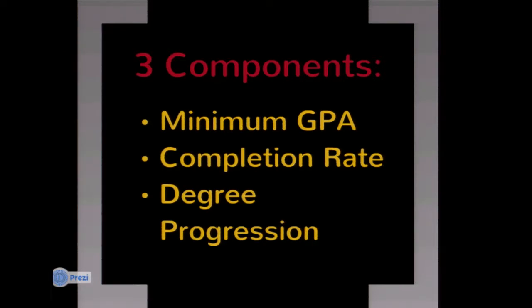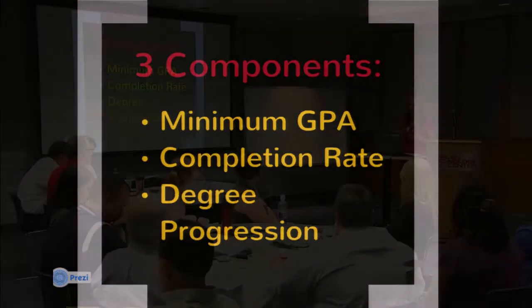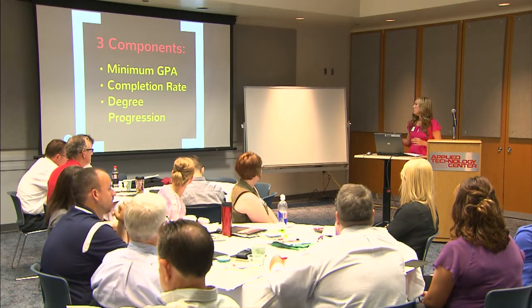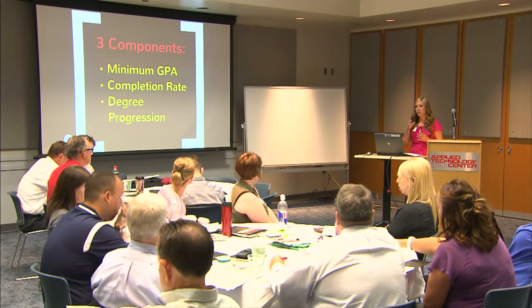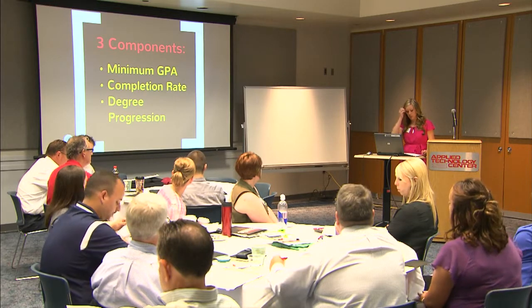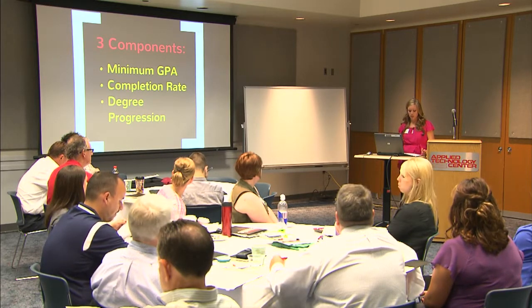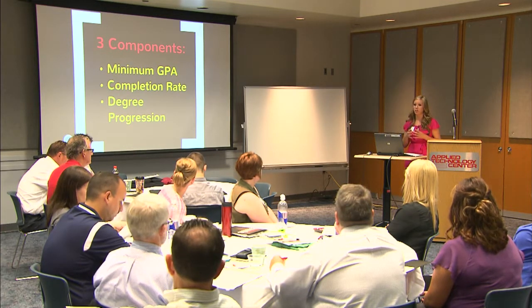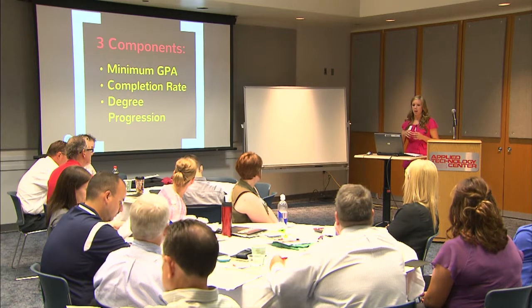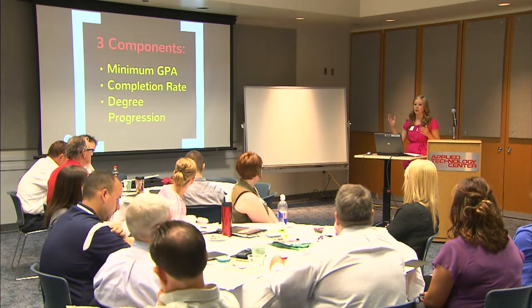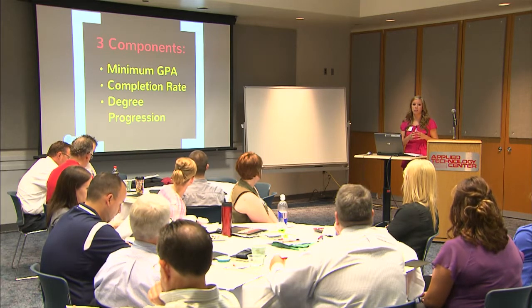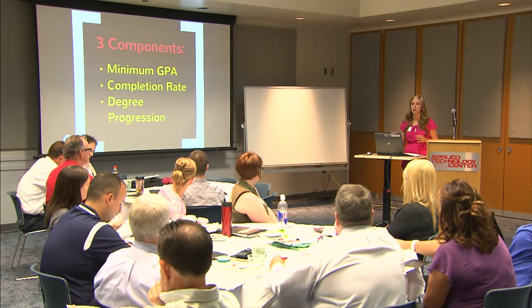What doesn't count for credit would be if they have a failing grade or an incomplete, or if they withdrew from a course, they are not going to earn credit for that course. So that's where the completion rate comes into play. And if a student repeats a course, they only receive credits 1 time if they earned a passing grade. They're going to keep going towards the attempted credit hours, but they can only earn for that class 1 time.